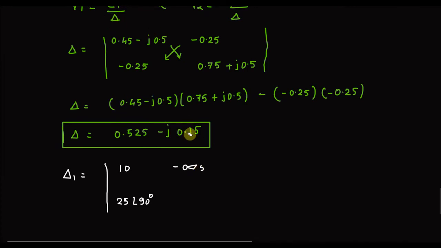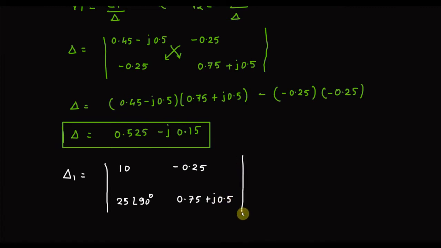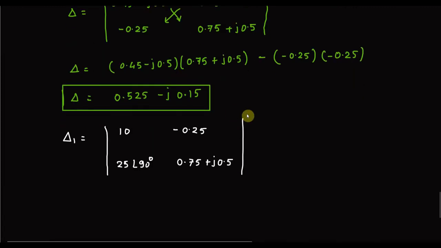So 10, 25 at an angle 90 for delta 1, and here the rest will be the same: 0.25, and here 0.75 plus j0.5. Fine. Now again repeat the same procedure, just a cross multiplication.